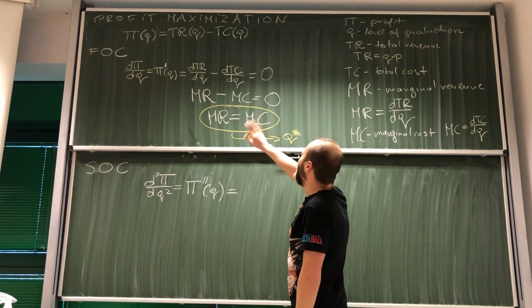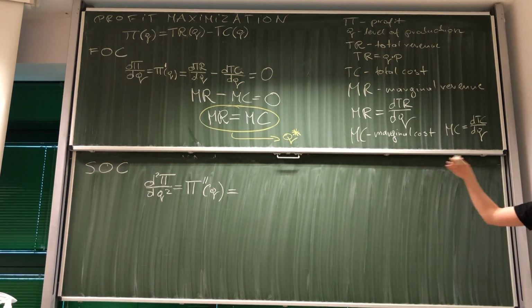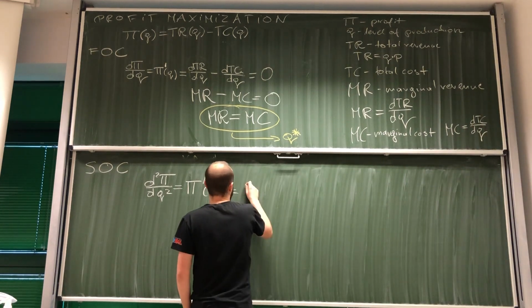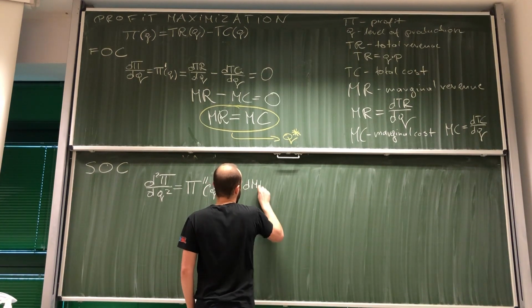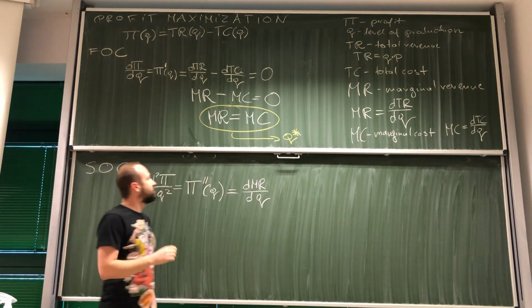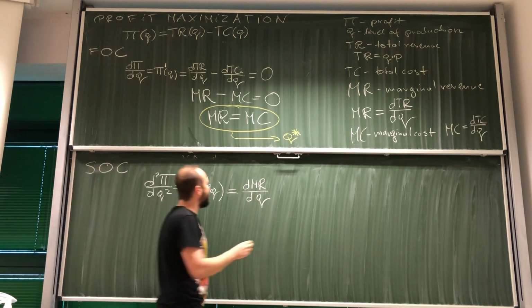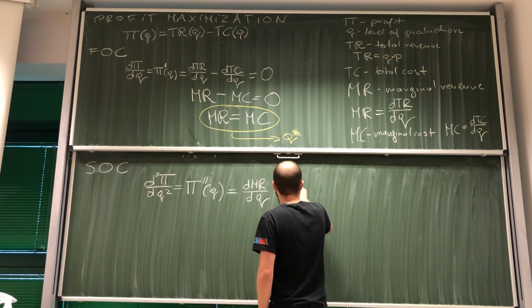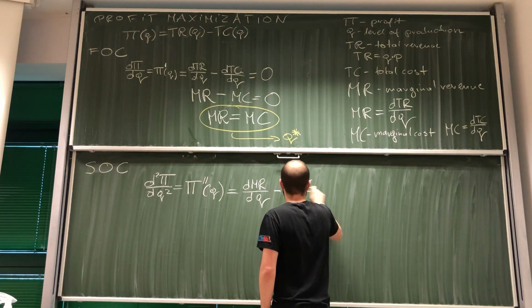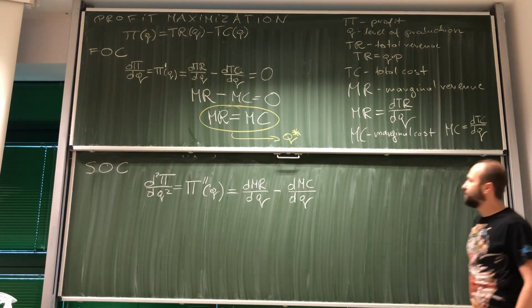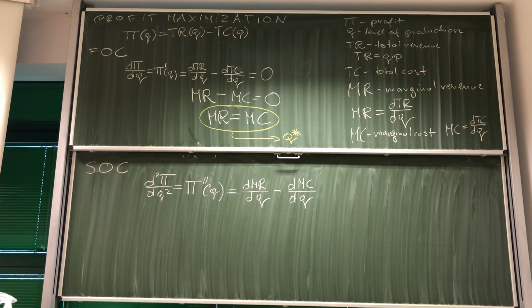Because we do not have a specific form of the function, just the general form, all we can get here is the derivative of marginal revenue with respect to quantity, minus the derivative of marginal cost with respect to quantity.